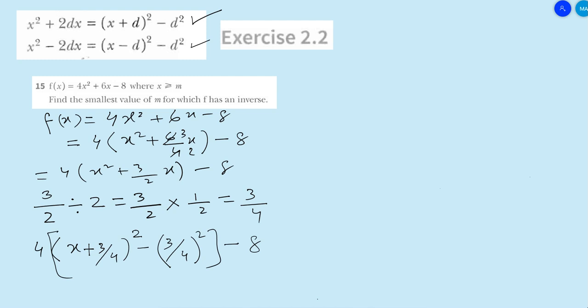Now 4 into (x + 0.75)² − 9/16, bracket closed, and the −8 remains.